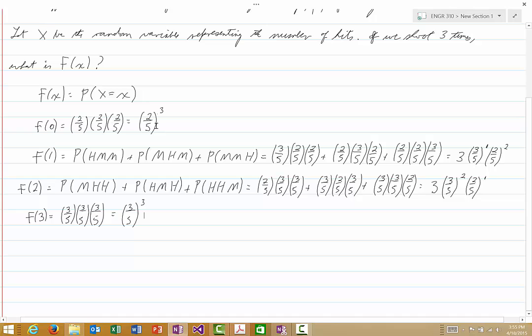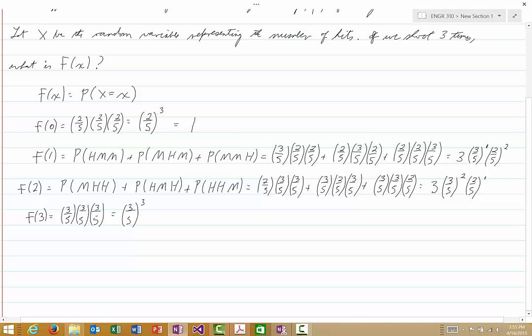If we look at f of 1 and f of 2, see how similar those two formulas are. Notice actually that the first calculation, f of 0, and f of 3 could be made to fit into that pattern as well.